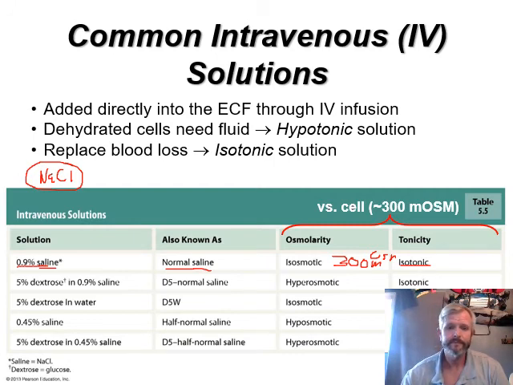All right, now let's look at the next one down. 5% dextrose. So now we have this normal saline, which is how many osmoles? 300 milliosmoles.